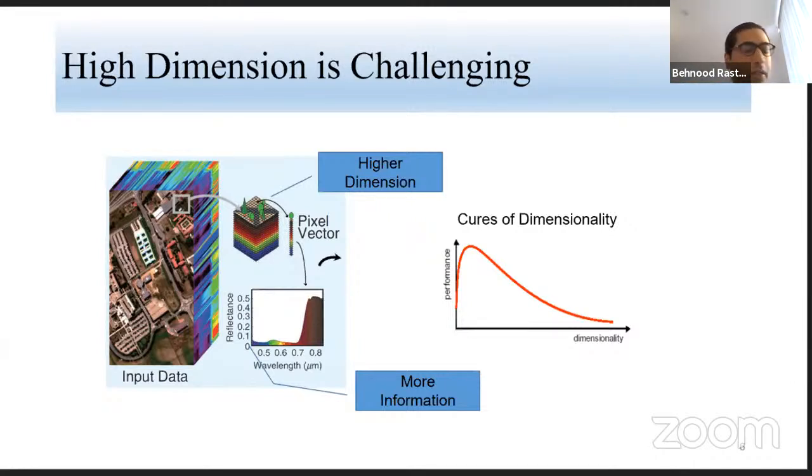This is called the curse of dimensionality, and feature extraction could considerably help to cope with this problem.